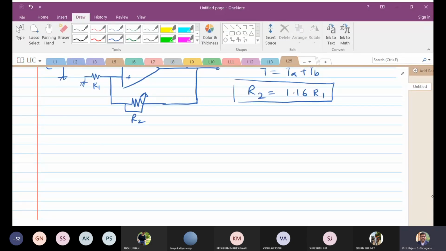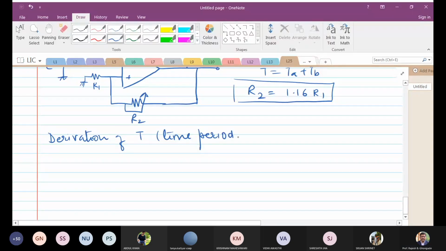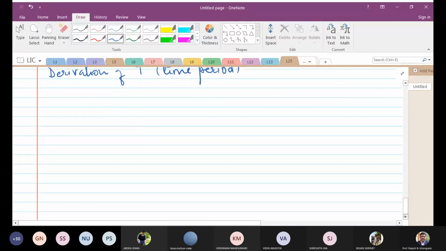Okay, so what are the general requirements of the operational amplifier when you start designing? But before that, I think we will go for the derivation of the time period. This is one important thing which is left out. So derivation of T, that is the time period. So we have beta as R1 by R1 plus R2.